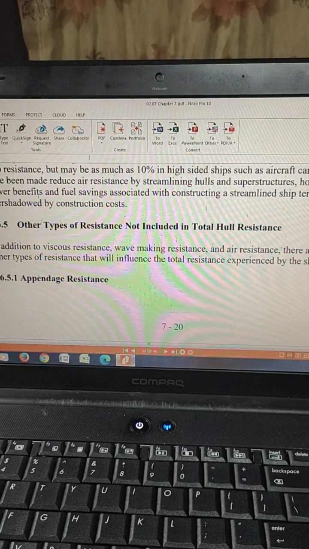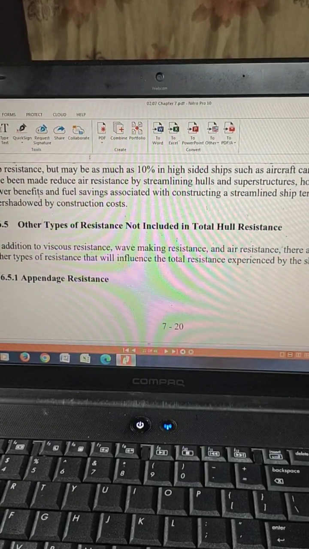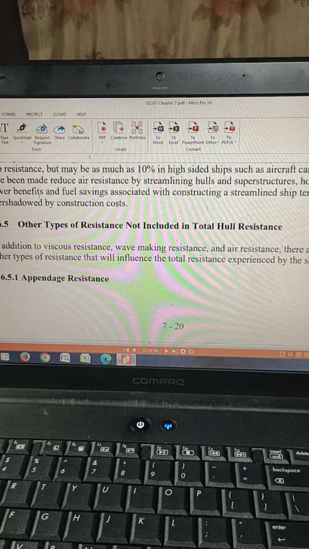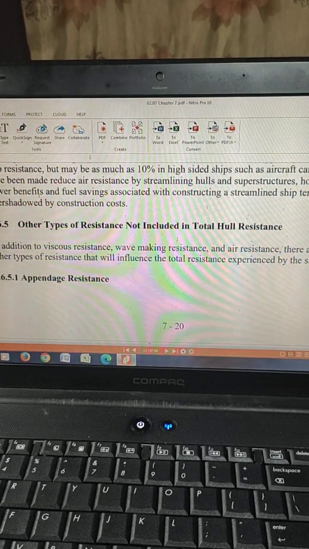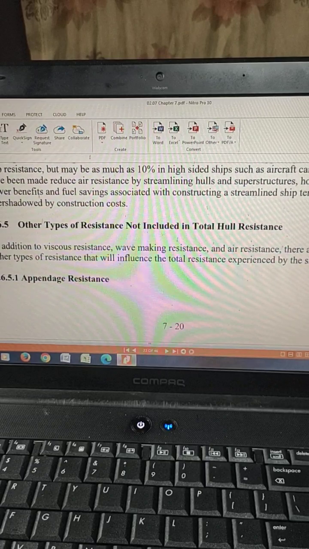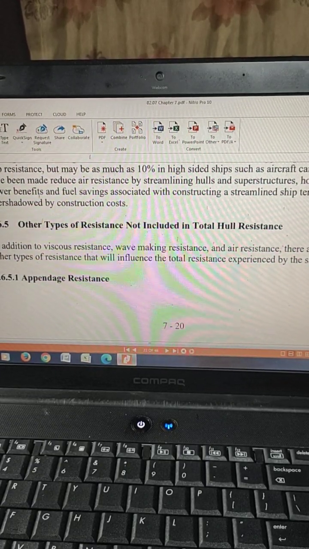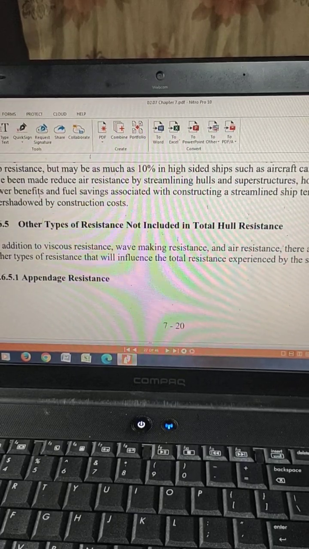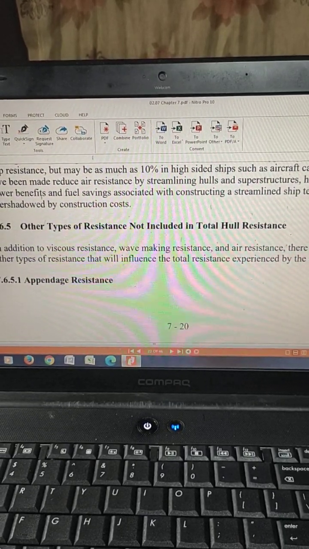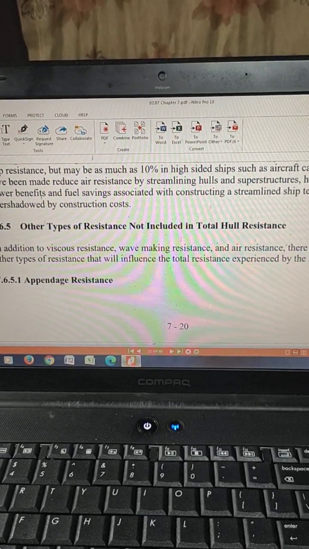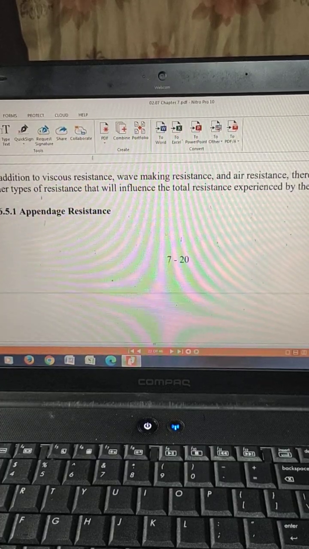So we mentioned all this in our last lecture. We also mentioned appendages resistance. There are other types of resistance which also come apart from this. So I will show you other resistances that the ship has to withstand.